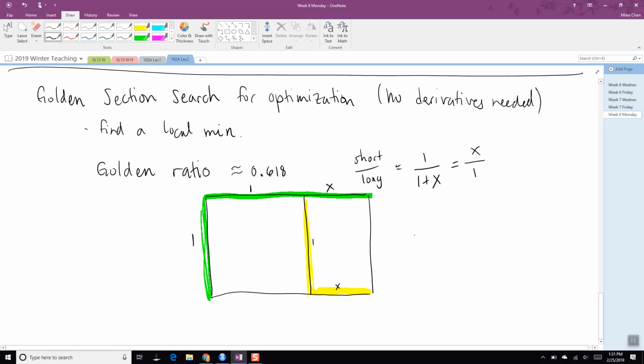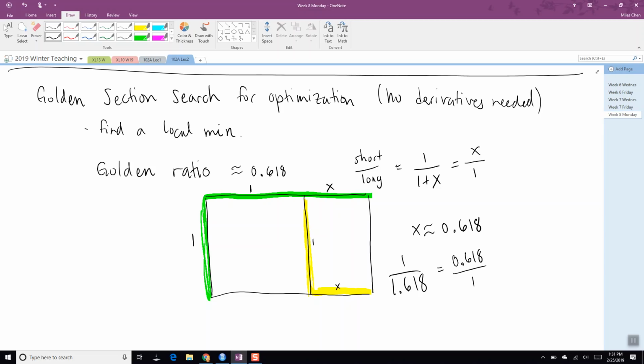And what we find is that x is approximately equal to 0.618. And what we find is that 1 divided by 1.618 is equal to 0.618 over 1, or just 0.618. So when you do 1 divided by 1.618, you get 0.618.